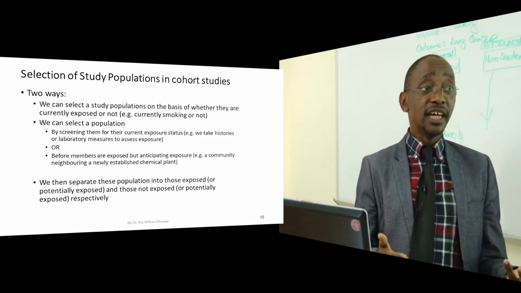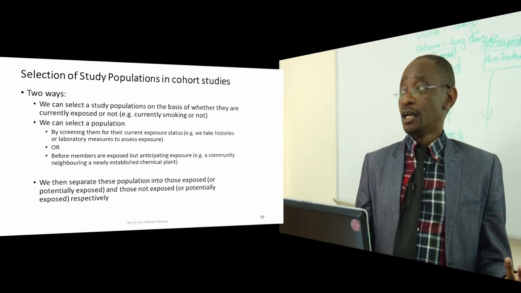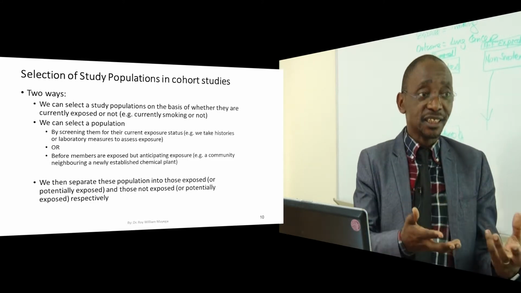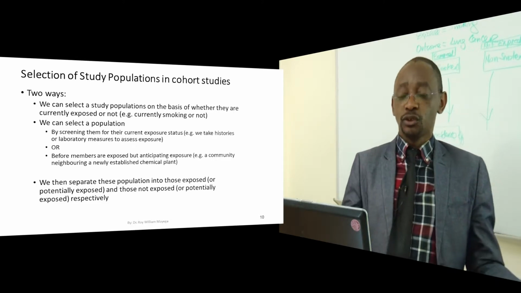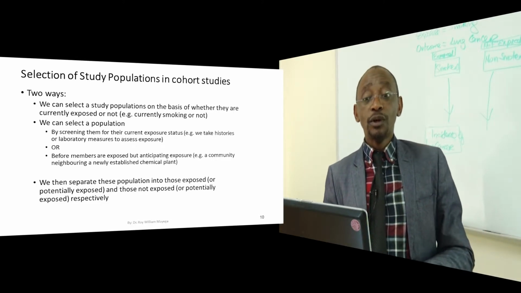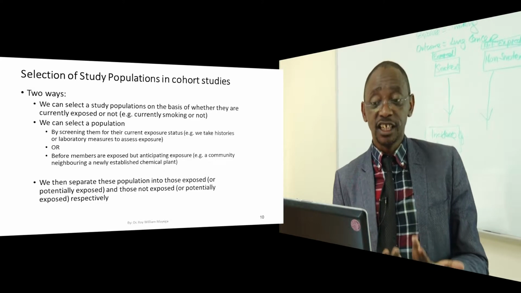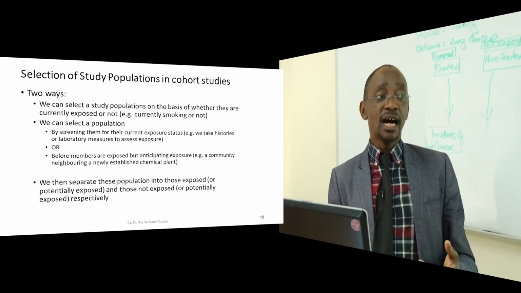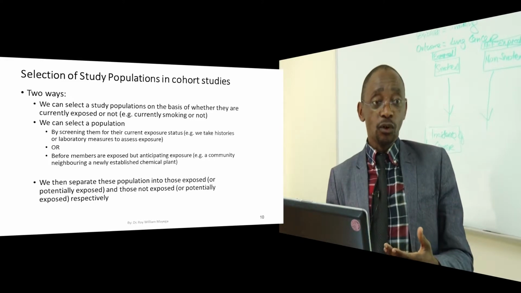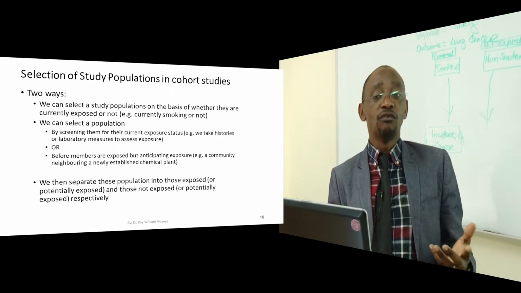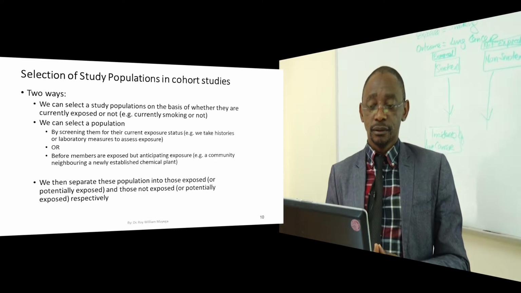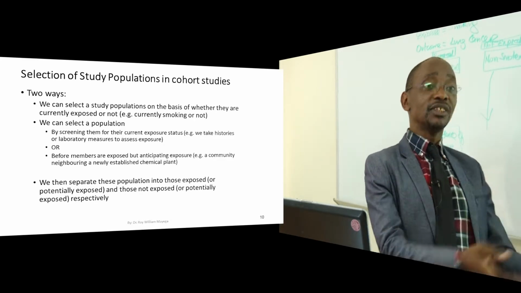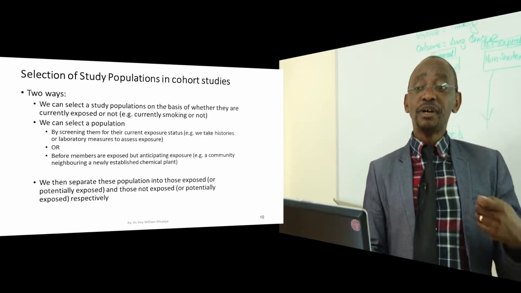For instance, if the exposure is a psychological issue or a mental issue, we may not see it with our eyes, but we need to ask questions. Or we could do laboratory measurements to assess exposure for those exposures that are not obvious, but in the blood or in the biochemical makeup of an individual. Or we can even select people before they are exposed at all by anticipating their exposure.